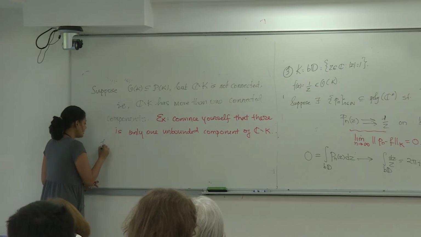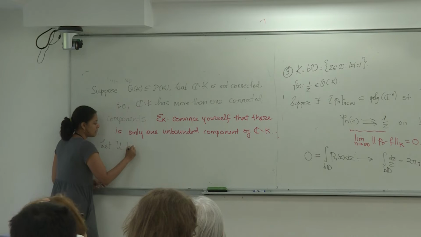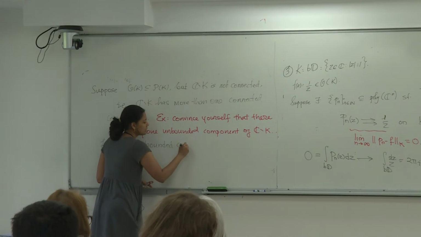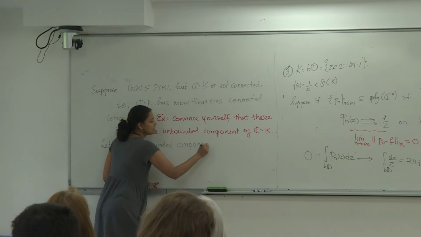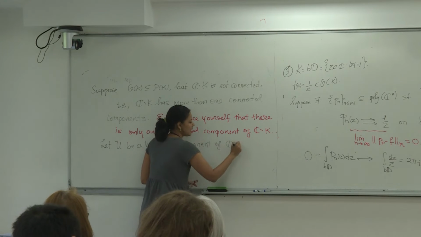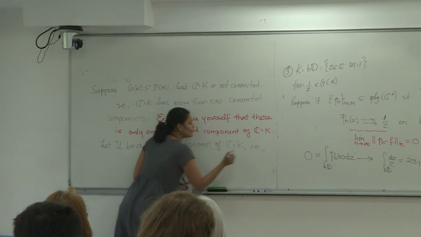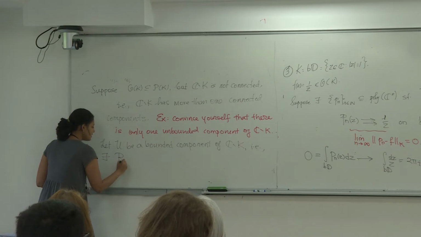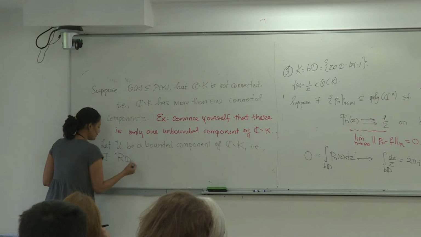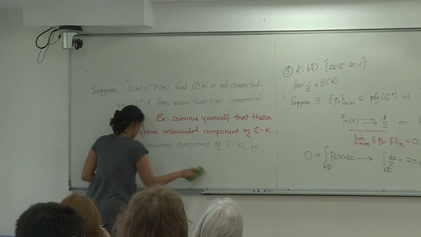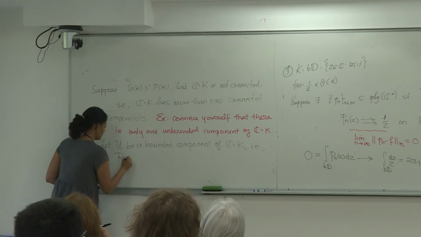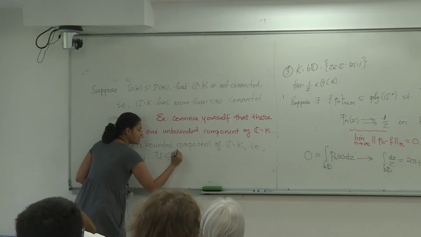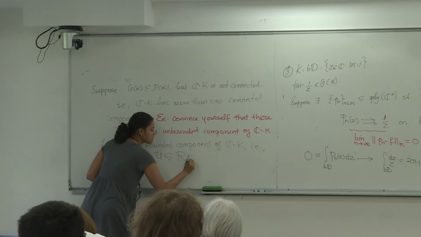So let U be a bounded component of C minus K, i.e. there exists a large disk, so there exists an R positive such that U is completely contained in R times the unit disk.